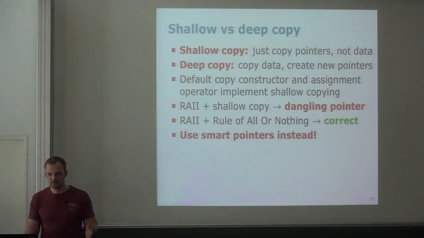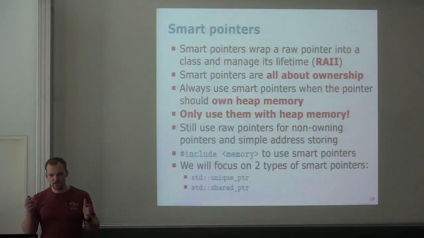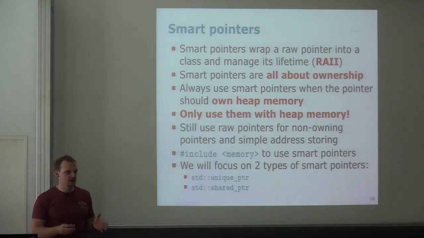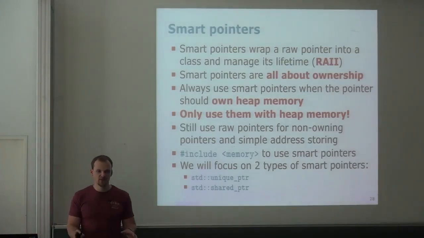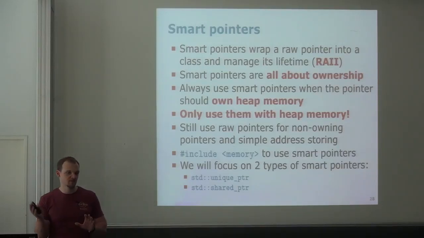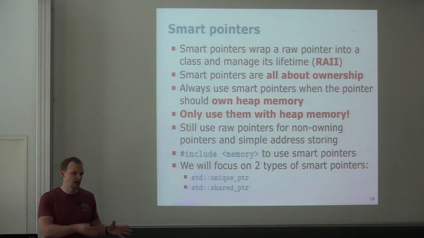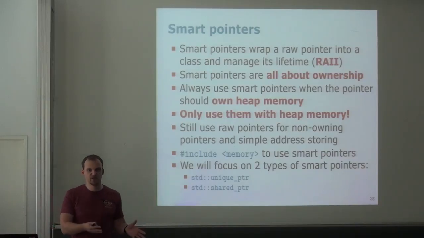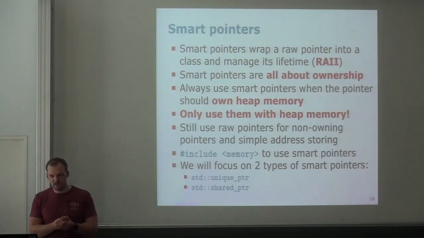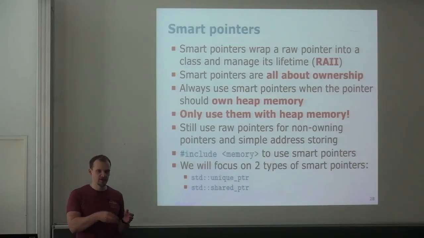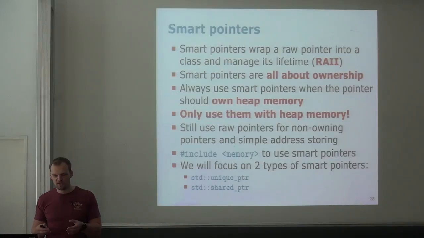There are smart pointers to the rescue. Smart pointers are basically a class, just as the classes that we have written before. So your image class is implemented the same way as the smart pointer. It's just a class, and these classes have a raw pointer inside of them. They own this raw pointer, and they manage its lifetime completely.